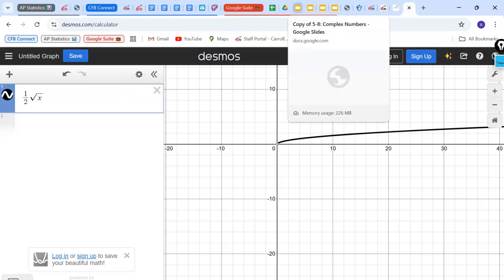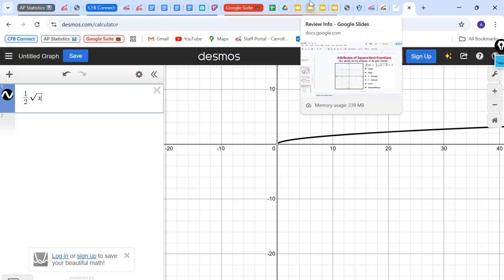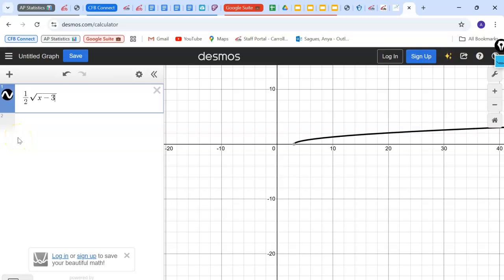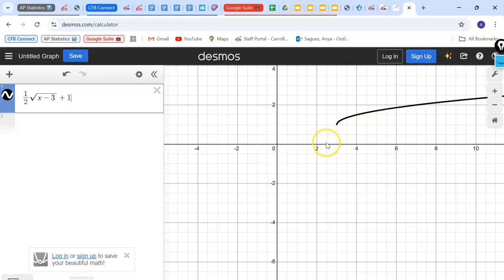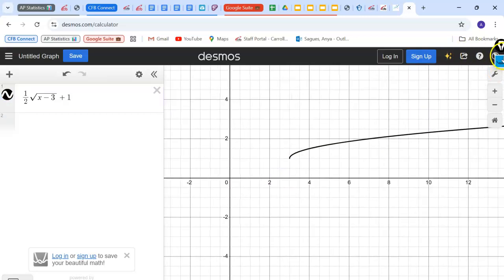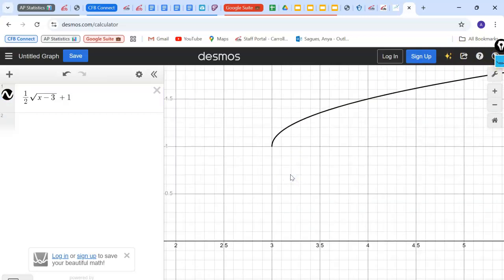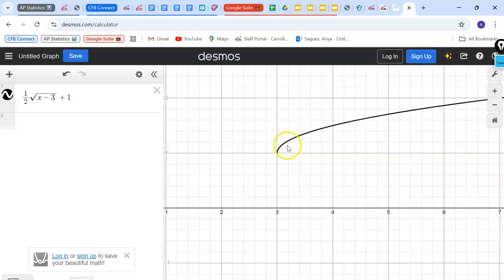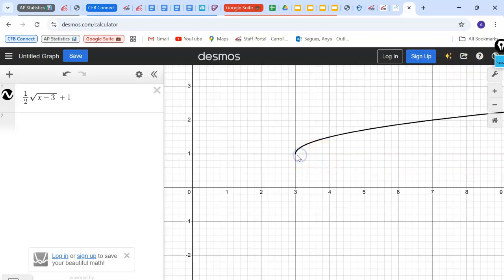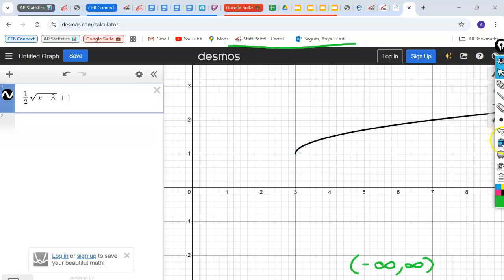What is this? Square root of x minus 3, plus 1. Okay. So, when I'm looking at my domain, it is starting from this point here. Okay, this point is 3, 1.